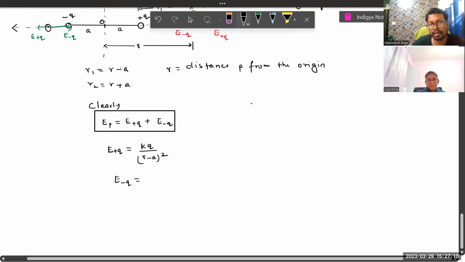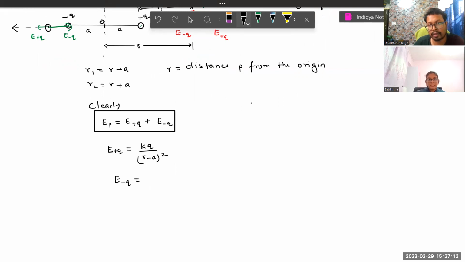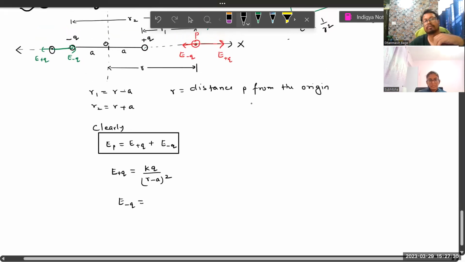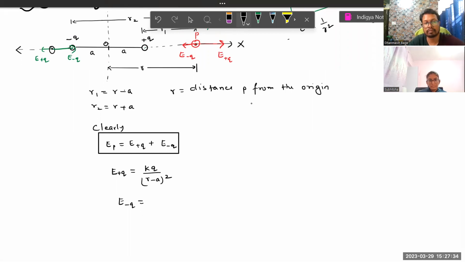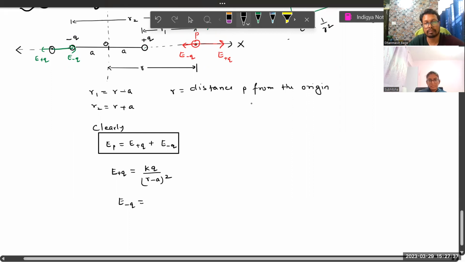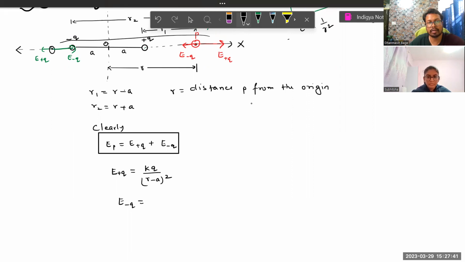Because we'll take care of it with the help of directions. Simple. Source charge is now this.